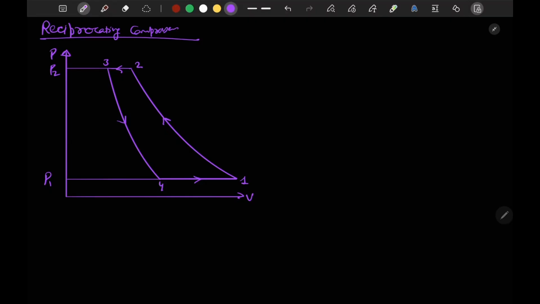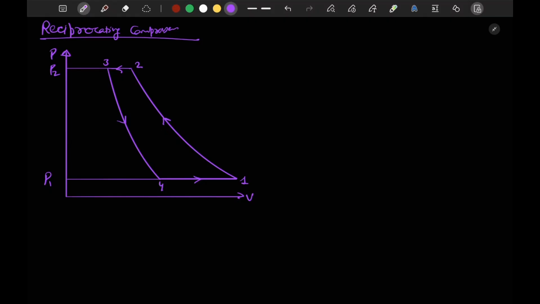I hope you get these four processes. You know that in a reciprocating compressor there are four processes. First is compression: the gas intake will be compressed, and then the compressed gas will be discharged from 2 to 3 at constant pressure, while volume is decreasing.